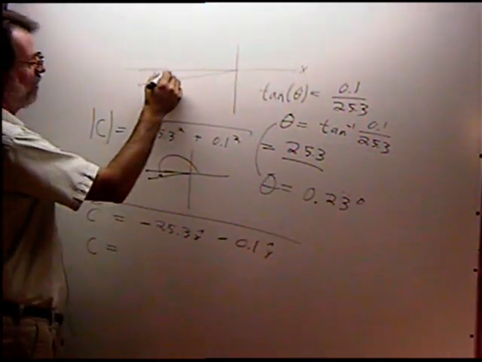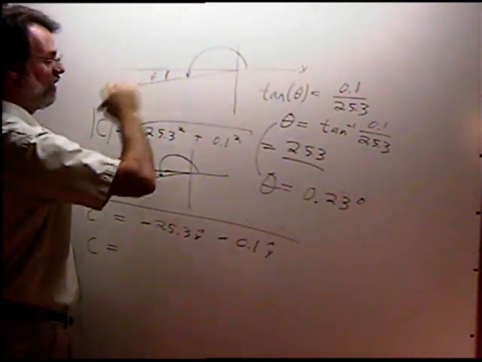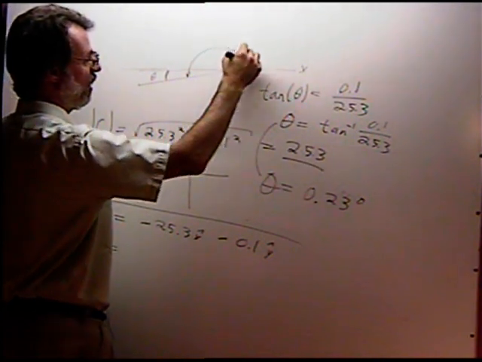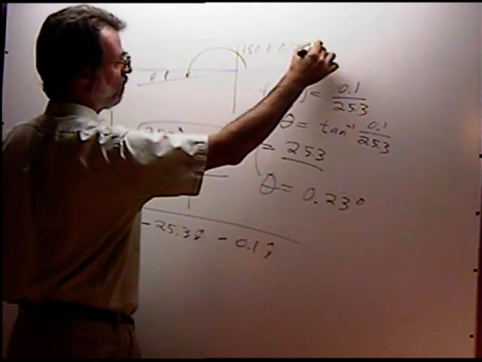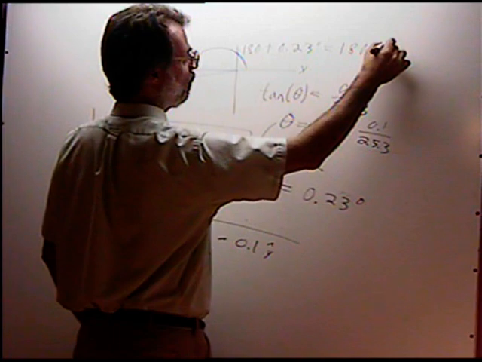Well, I know that's this little itty bitty angle here. But what do I have to do? I have to add 180 to that. The angle that I really want is 180 degrees plus 0.23 degrees, or about 180.2 degrees.